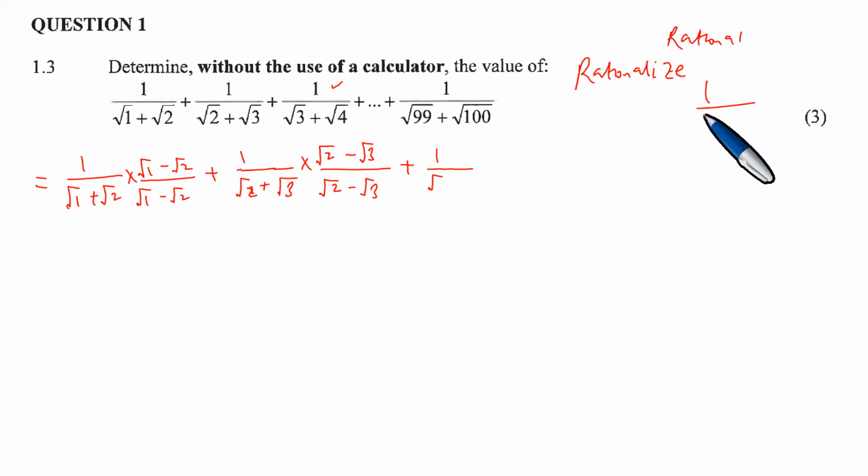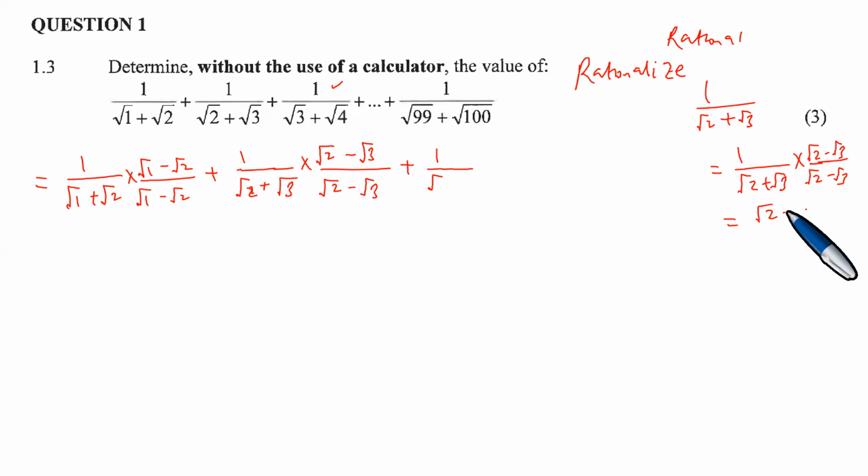To rationalize the square root of 2 plus the square root of 3, you multiply by the square root of 2 minus the square root of 3 over the square root of 2 minus the square root of 3, giving 2 minus 3.